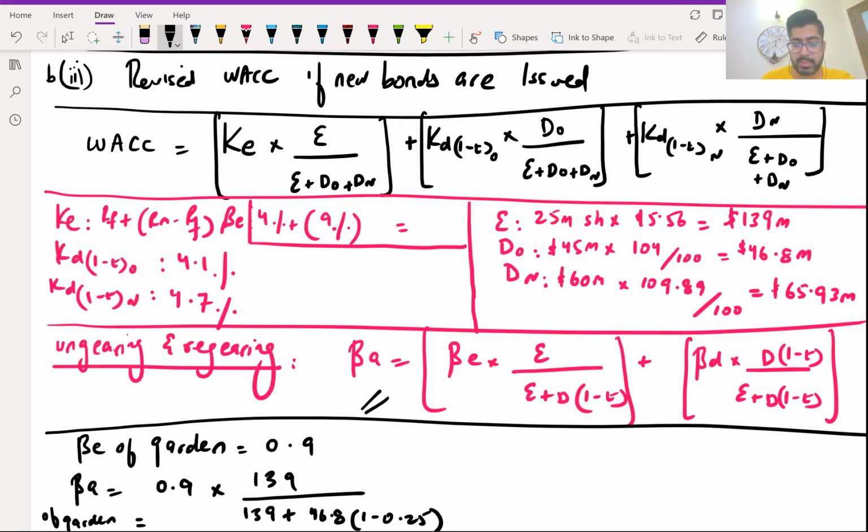There is no beta debt, so it will be 0 and the whole bracket will become 0. So 0.9 into 139 divided by the total, 46.8 into 0.75 plus 139, which gives 0.72. This is the beta asset of garden only.